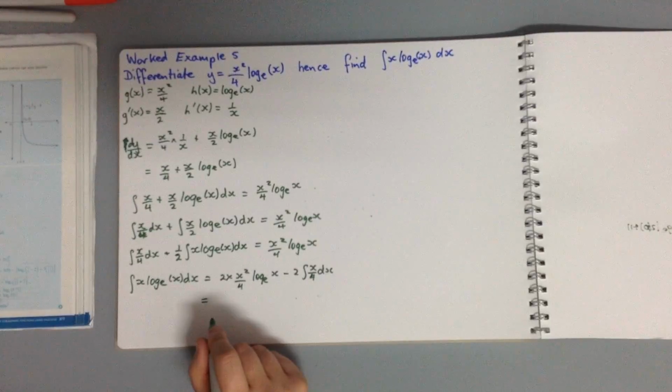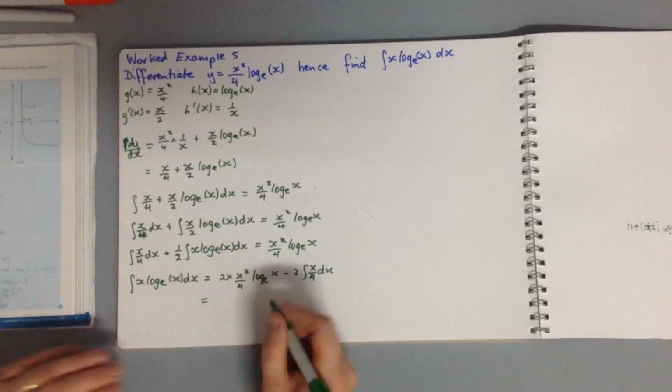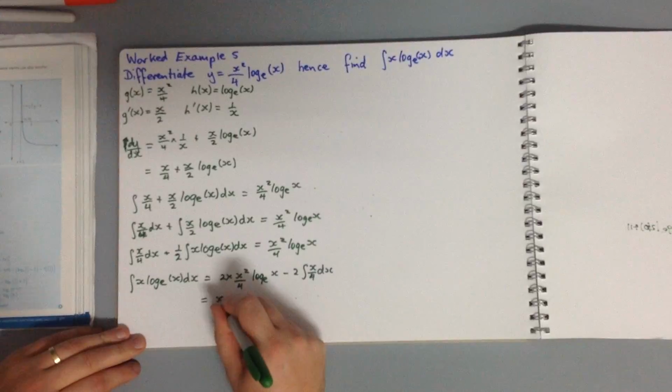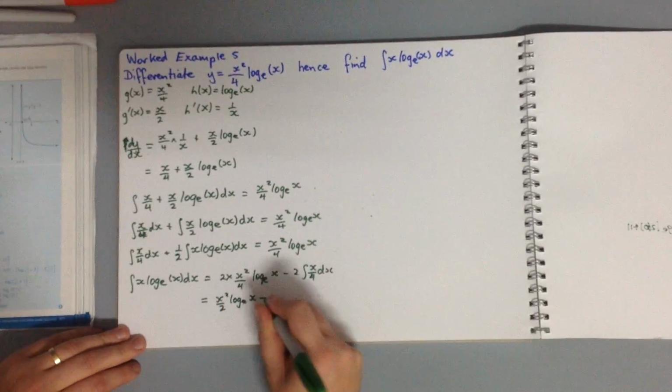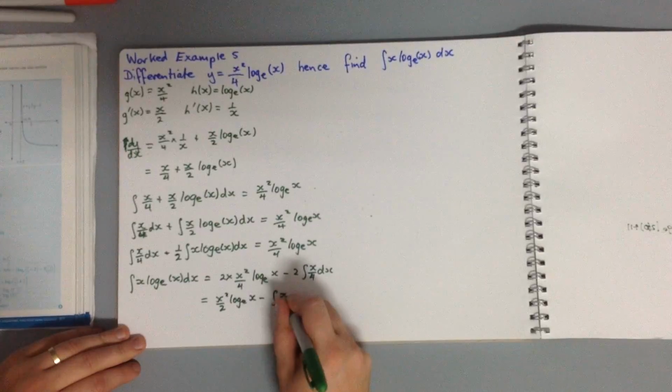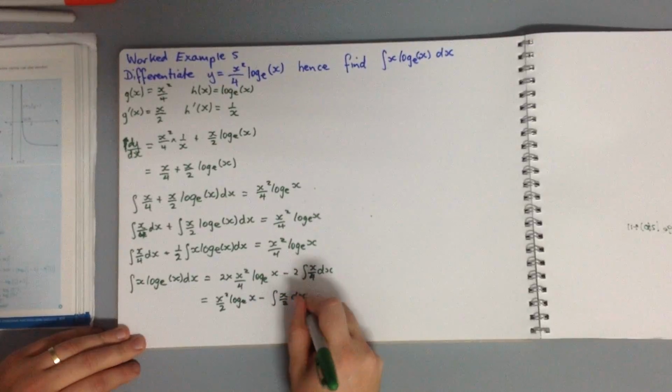That means we've got x squared on 2 log to the base e of x minus the integral of x on 2 dx.